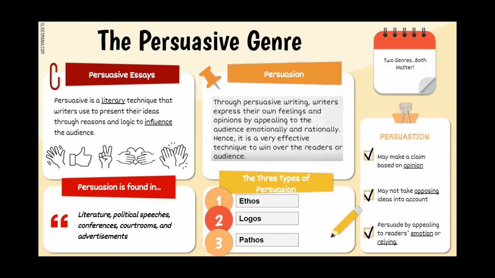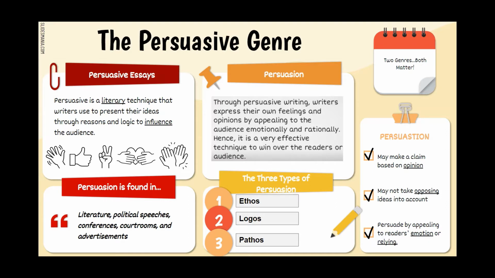Persuasive is a literary technique that writers use to present their ideas through reasons and logic to influence the audience. Through persuasive writing, writers express their own feelings and opinions by appealing to the audience emotionally and rationally. Hence, it is a very effective technique to win over the readers or audience.